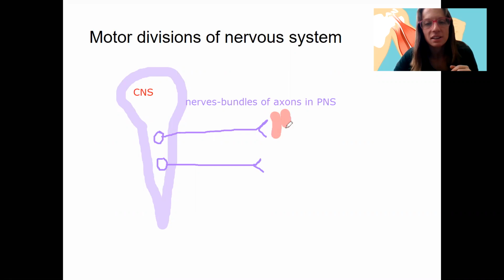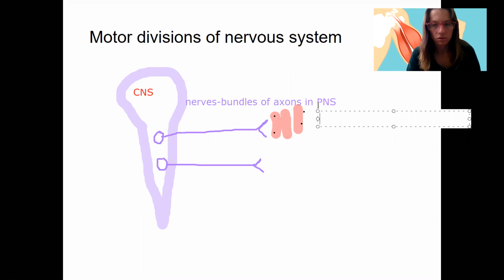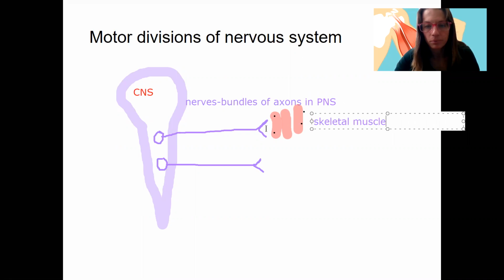So one place here, this is obviously skeletal muscle. Let's draw a few nuclei in there just so you can see them. Skeletal muscle has kind of strange anatomy, so we'll get to that. This is the somatic motor division, shown here.